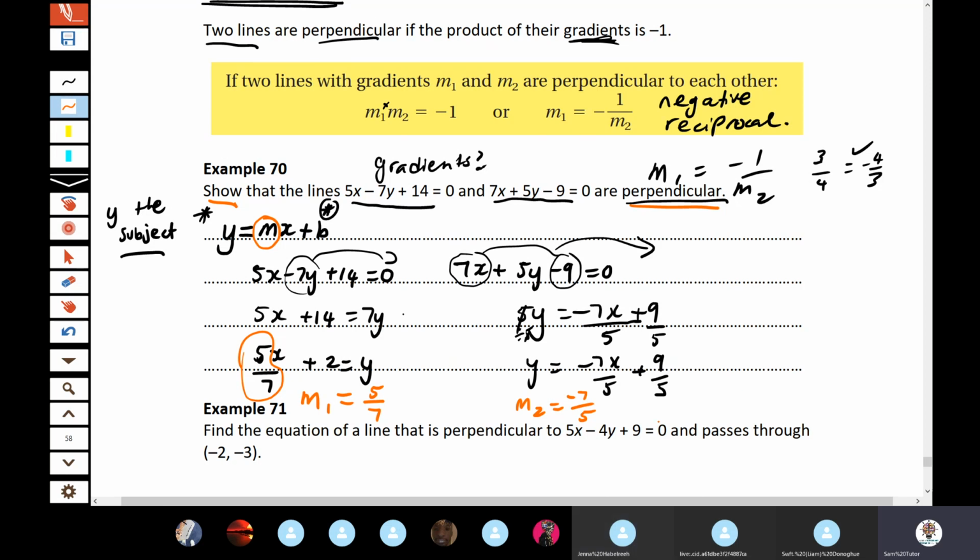So the way we do it usually is we can now write M1 times M2. These two multiplied together will always equal -1. And you're done. But essentially showing is talking about find the gradients of each one, and hopefully they are negative reciprocals of each other, which they are.